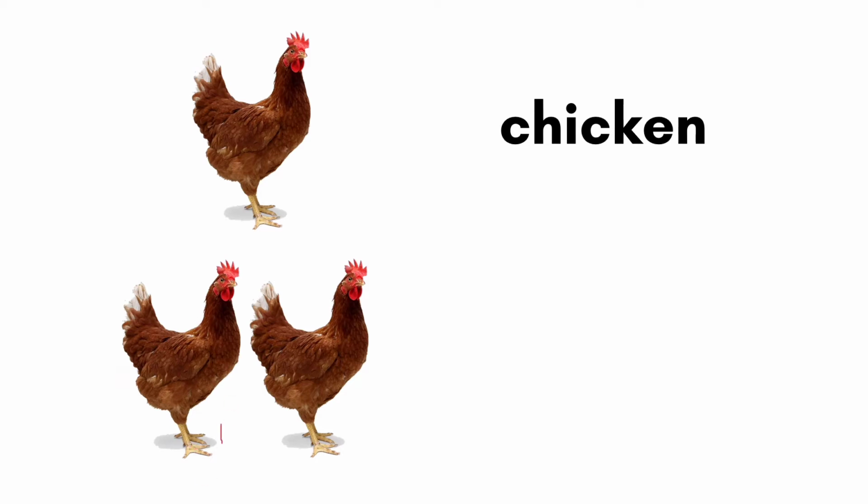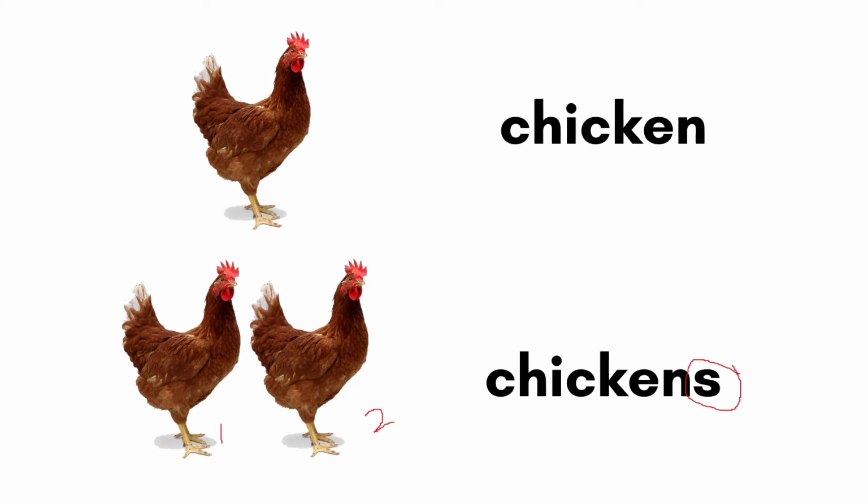We have 1 and 2. 2 chickens, right? What do we have to do again? We should add an S. So it becomes chickens. Very good.